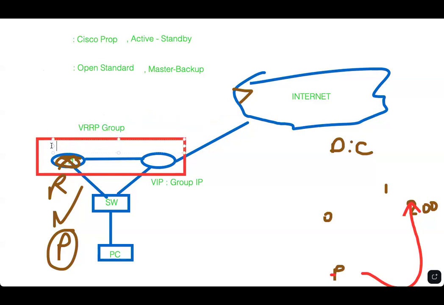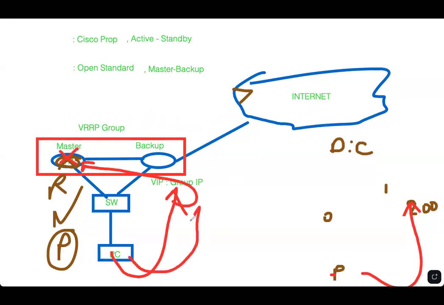Here the active one is called master, and the secondary is called backup. The traffic will be pointing to the VIP, the group IP, and that will be pointing to the physical interface of the master device. If the master fails, the traffic to the group IP will be pointed to the backup router and reach out to the internet.